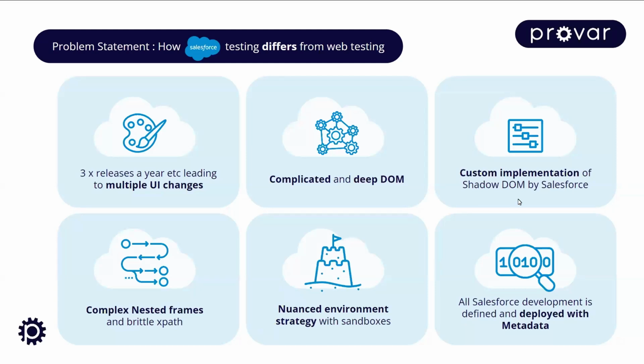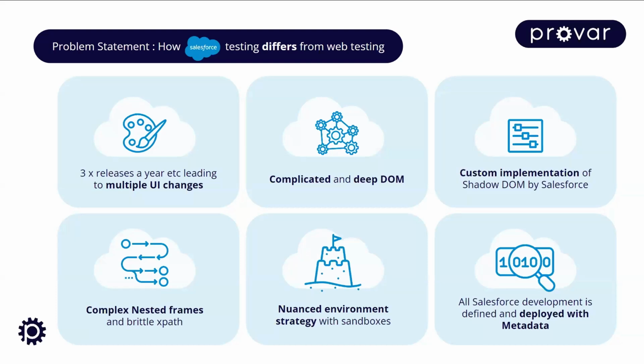We all know that Salesforce does 3 major releases a year, and testing that could have serious impacts because these open source frameworks don't have Salesforce release compatibility. Meaning, each time Salesforce makes these releases, all the tests that you have built so far are going to break. So you have to, at the very minimum, spend 3 times a year refactoring or doing maintenance of your test cases rather than increasing the test coverage.